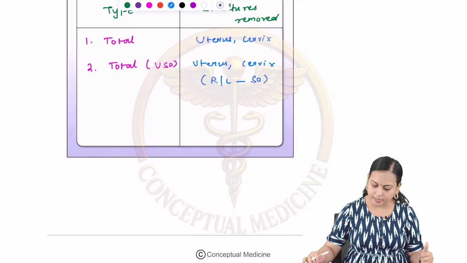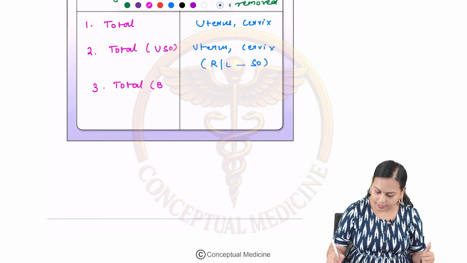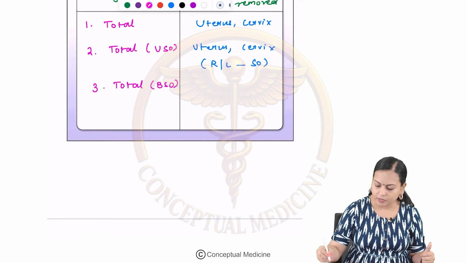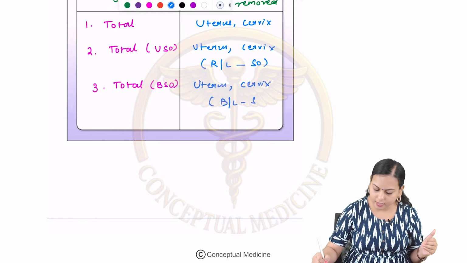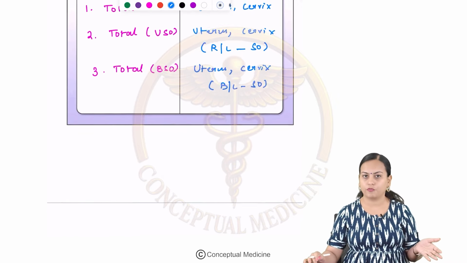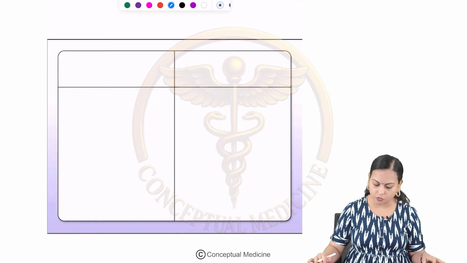And the next type is total hysterectomy with bilateral salpingo-oophorectomy. So it is already understood, right? You will be removing the uterus, cervix, and the bilateral salpingo-oophorectomy, that is, you will be removing the bilateral tubes as well as the ovaries.